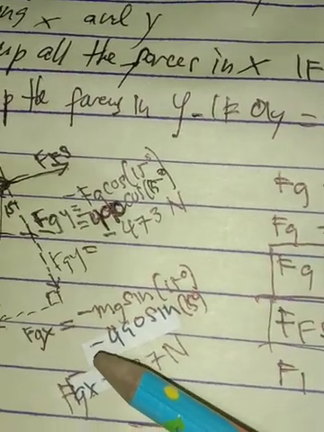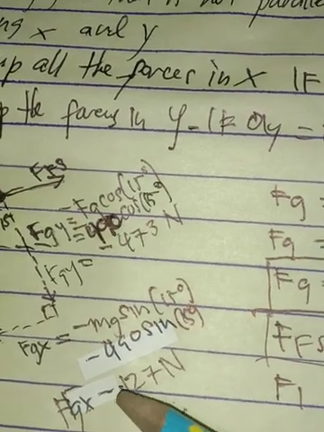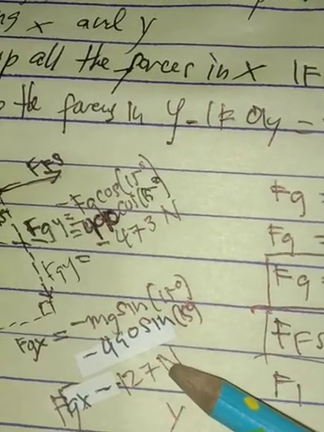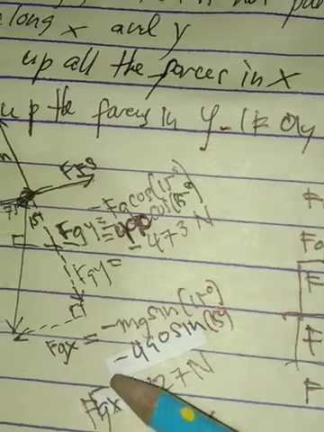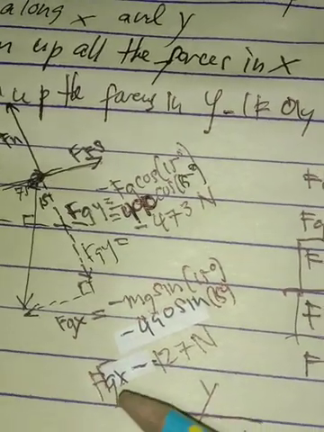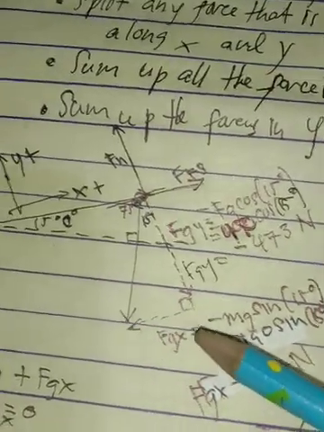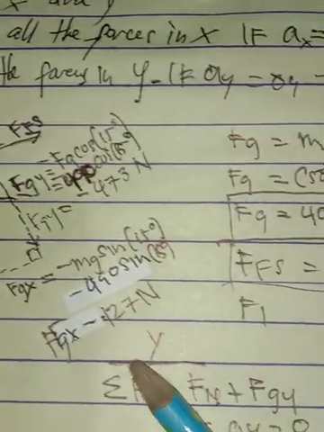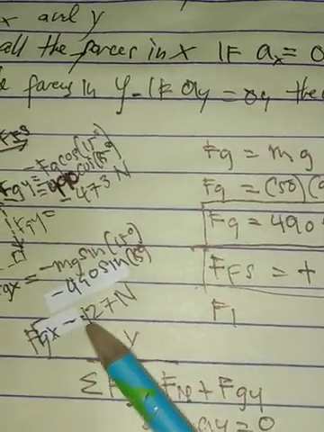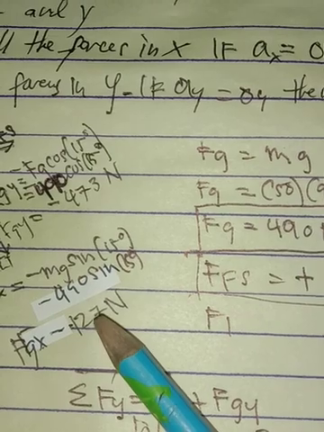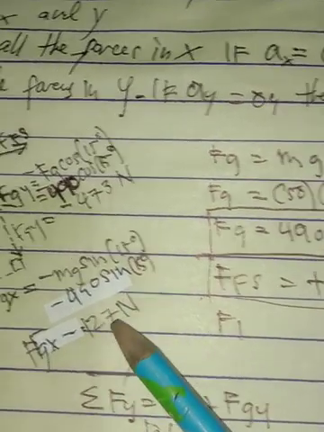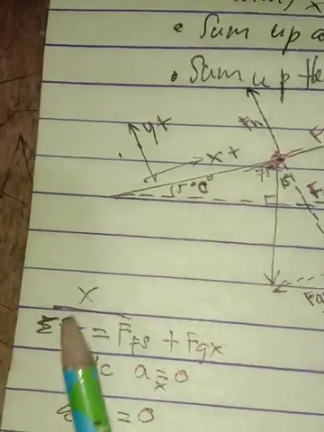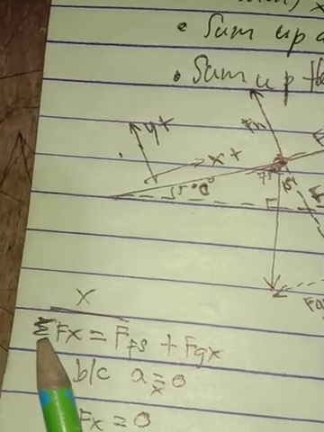The answer is negative 127 Newton. This is the value of our Fgx. So we have the value of Fgx, 127 Newton. Now let's find the values in the x-axis.